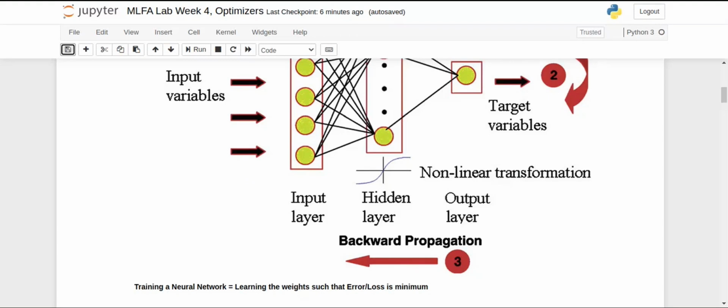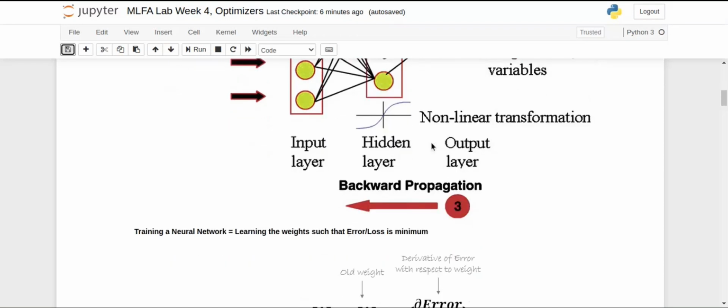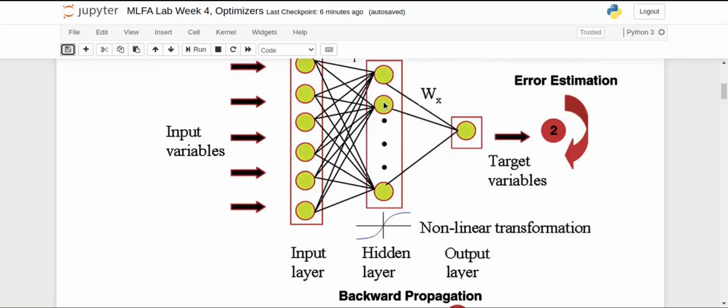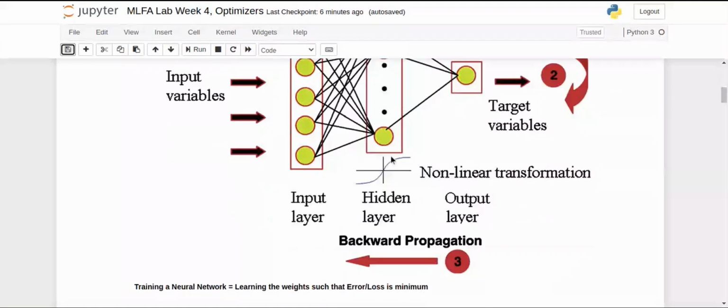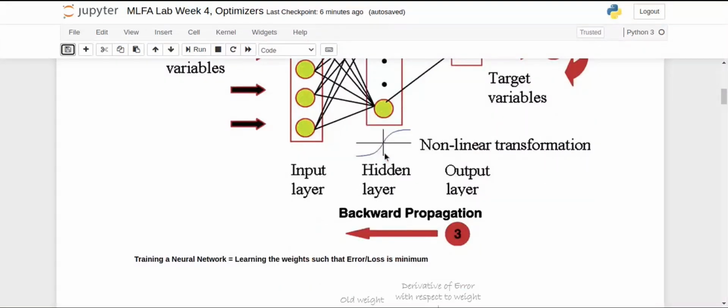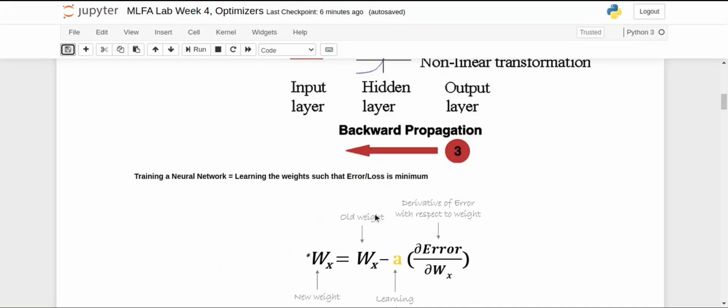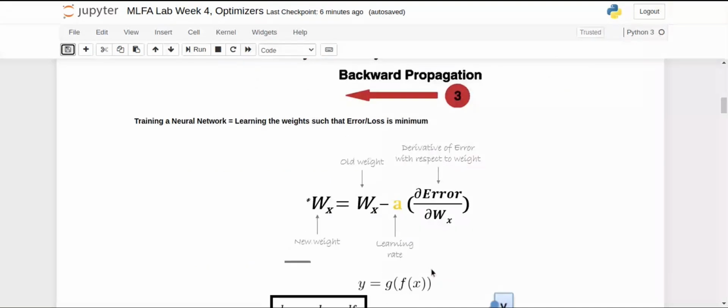If the actual height is 165 centimeters, then I want my model to predict 165, so that the loss is zero. Neural network training means learning these weights such that the error is zero, and that is the process of optimization.